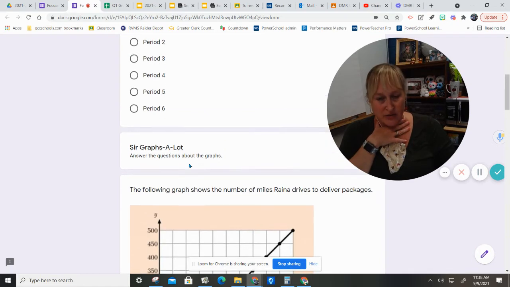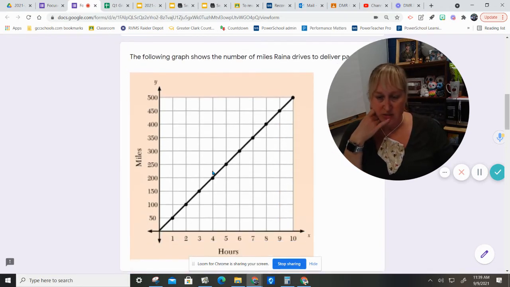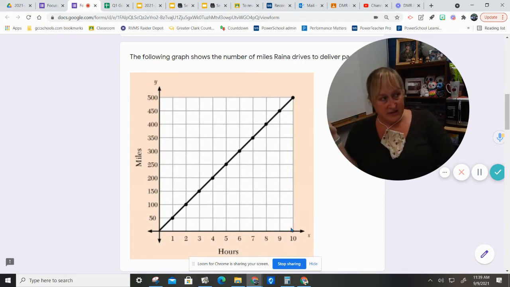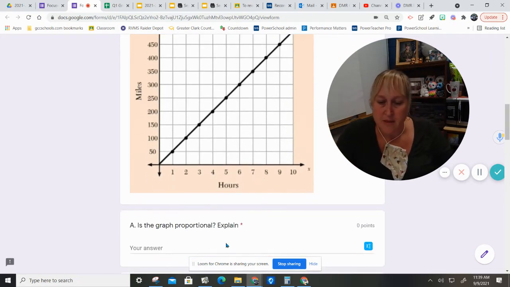The following graph shows the number of miles that Raina drives to deliver packages. So miles is along the y-axis, and hours is along the x-axis. Is the graph proportional? Well, it's going in a straight line and it is going through the origin.